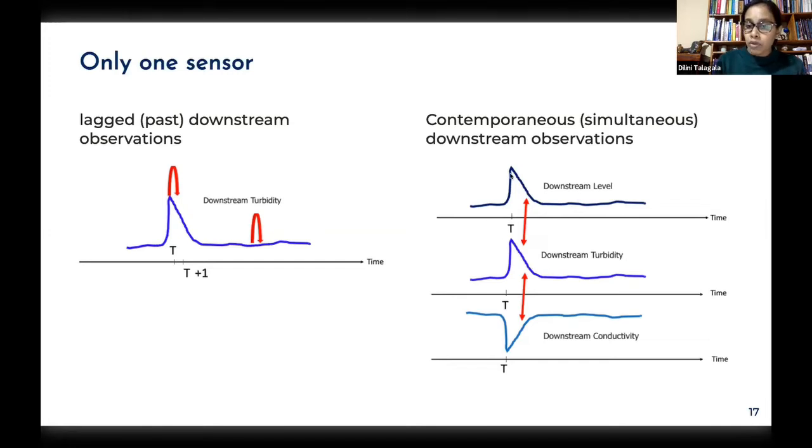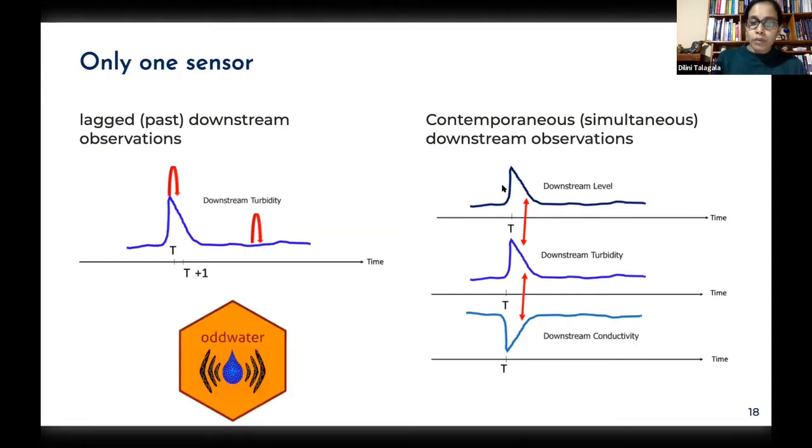Using the new information coming from other variables, I can predict the behavior of the downstream turbidity, and through that I can identify the anomalies. So these are the two conditioning types we can think of when we have only one sensor.